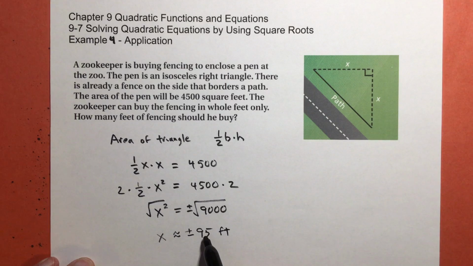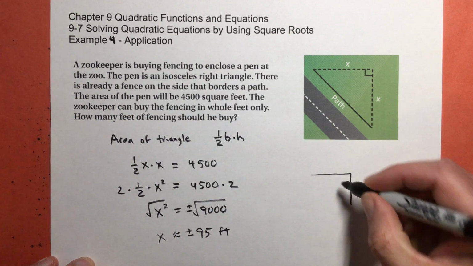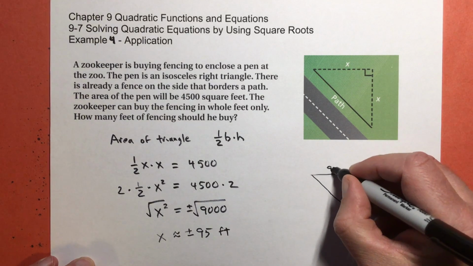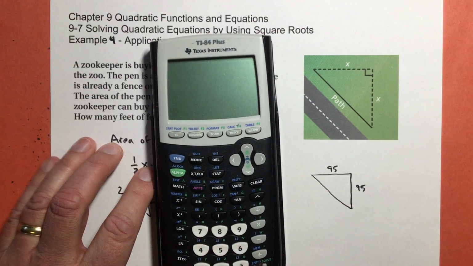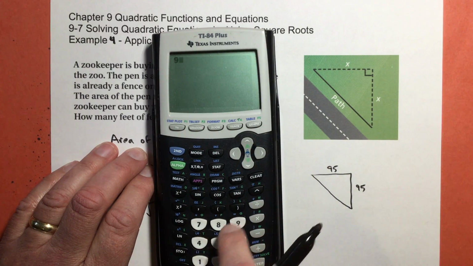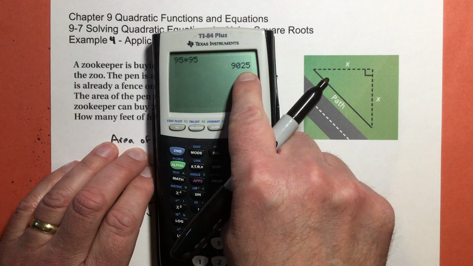95 feet would be fine, okay? So here's my triangle, I tried to draw it, didn't draw it far enough. This would be 95, this would be 95. And let's just do a real quick check. If I do exactly 95 times 95, I get that extra 25.